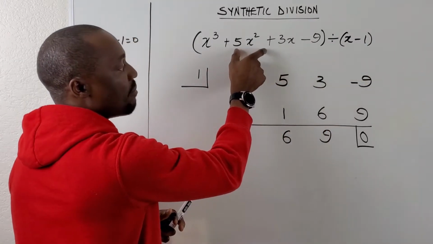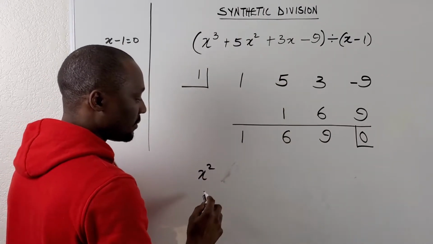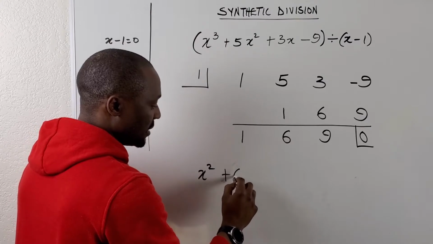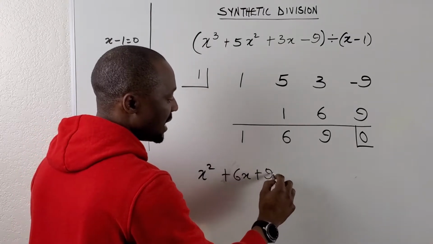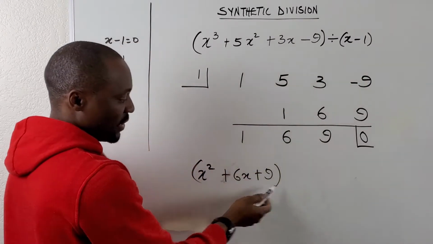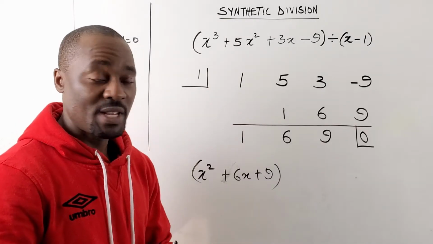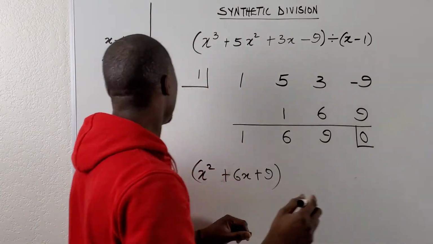So this polynomial can be written as x squared plus 6x plus 9 multiplied by this. This is the quotient, and this is what you divided it by. It's like writing this. Let me show you quickly here.